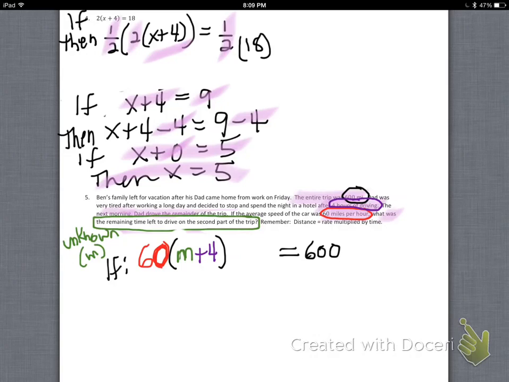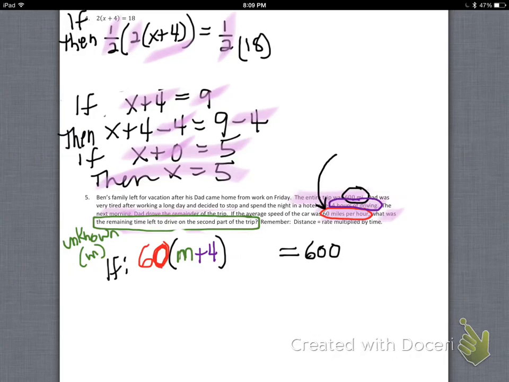Now with this one here, there are lots of different parts. Maybe some of you didn't know what to do with the 60 miles per hour, but this 60 miles per hour is a rate. We need the miles per hour.